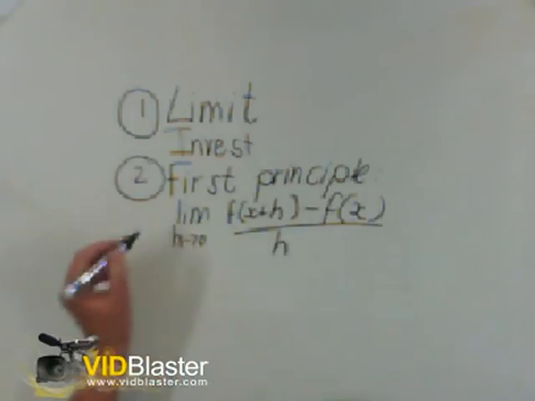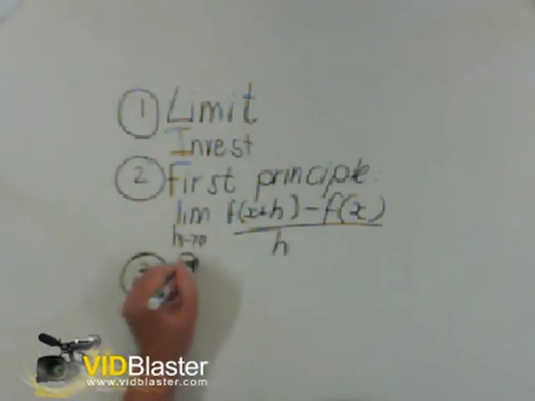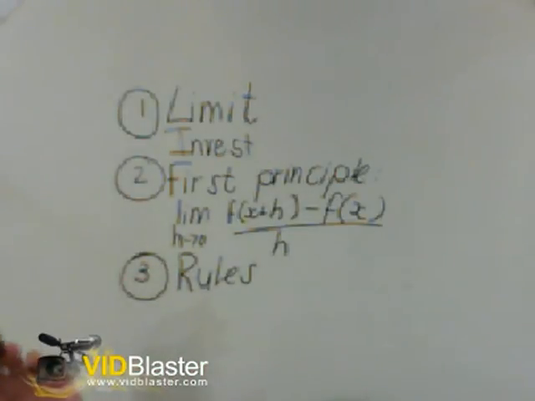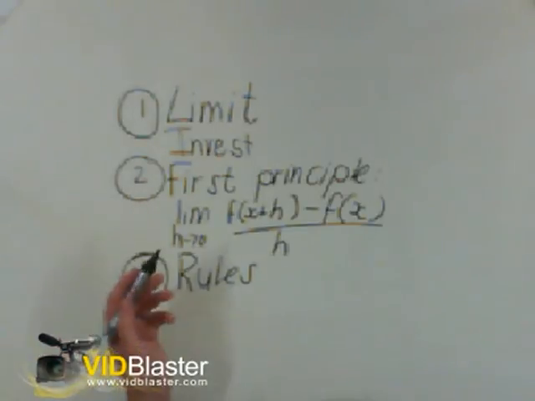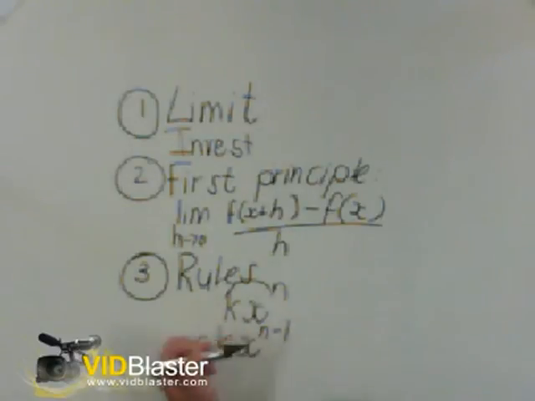Once they've got that under the belt, we do the rules of differentiation. The rules of differentiation is this one basic rule that they have to know. If you've got a coefficient in front of x and you've got an exponent, we differentiate by multiplying the exponent with the coefficient of x. We multiply those two and we subtract 1 from the exponent.